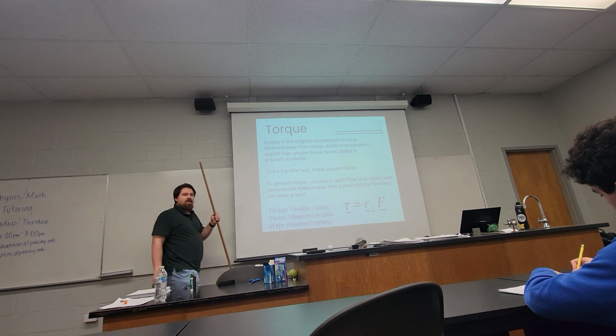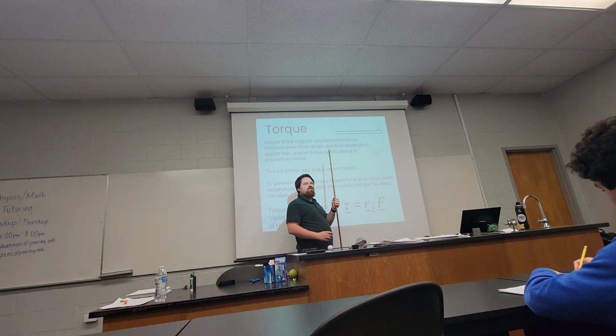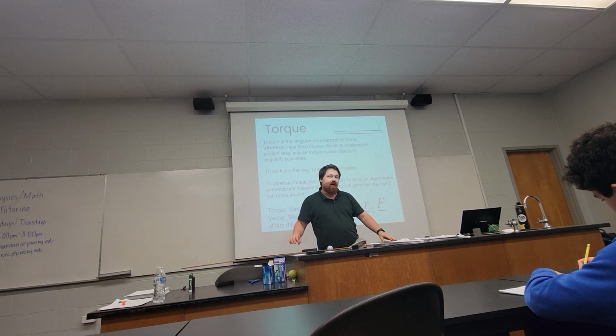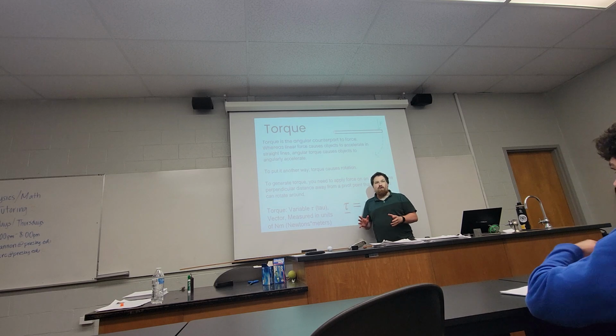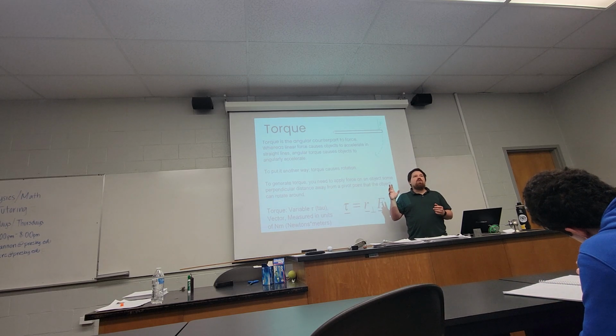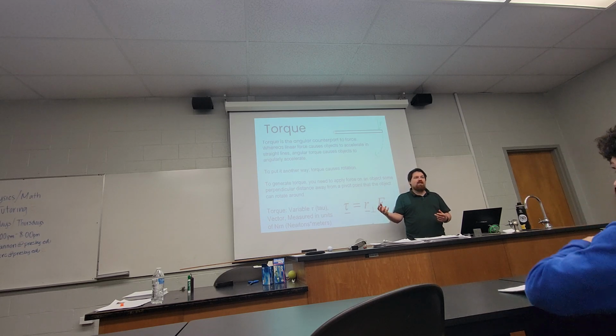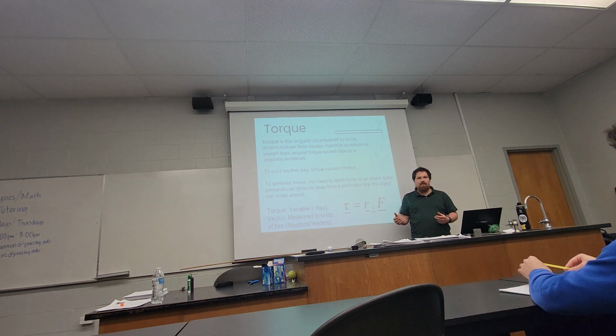This phenomenon, the fact that the same amount of force from you can generate different amounts of rotation, is torque. Torque is what happens when you exert a force some distance away from a fulcrum, from a pivot point. And that's what a hinge on a door is. It's a pivot point, a point that the rest of the door is able to rotate about.